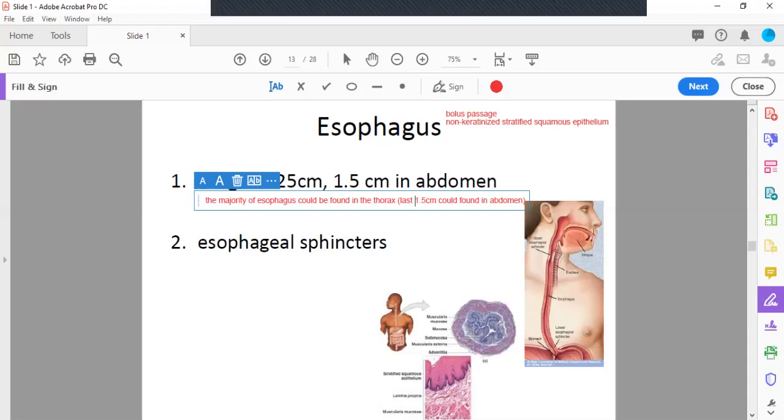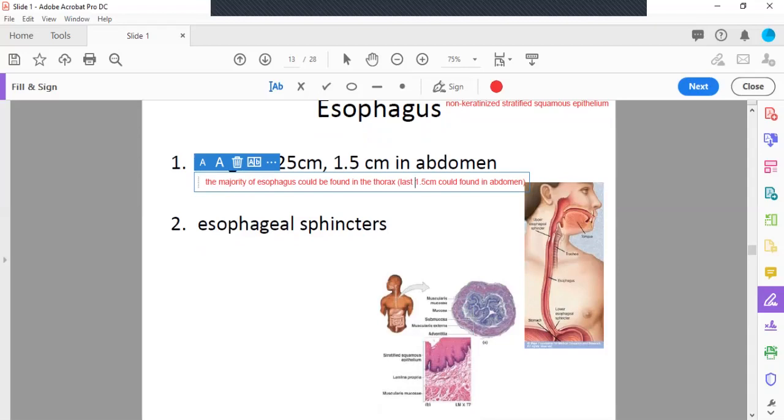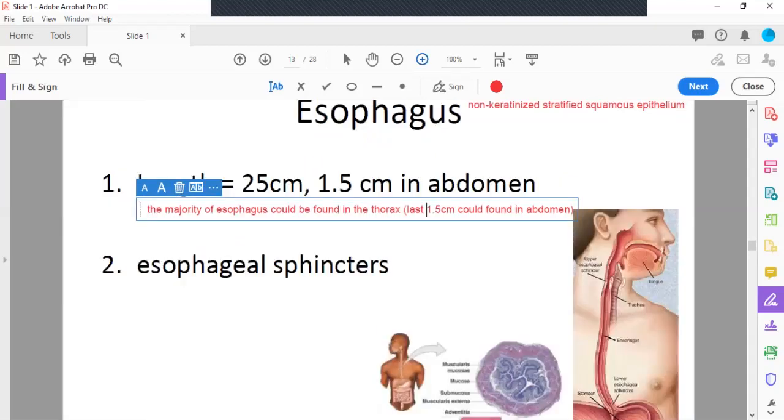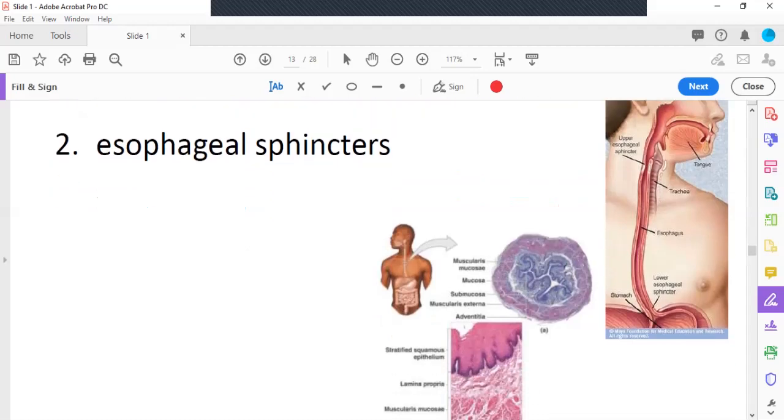Now, within the esophagus, there are two sphincters. By the way, I want you to look at the bottom left image. You can see that this image, let's zoom in, represents the non-keratinized stratified squamous epithelium.